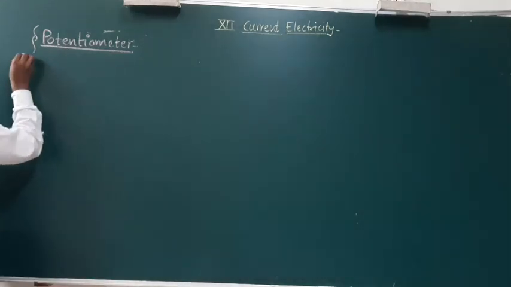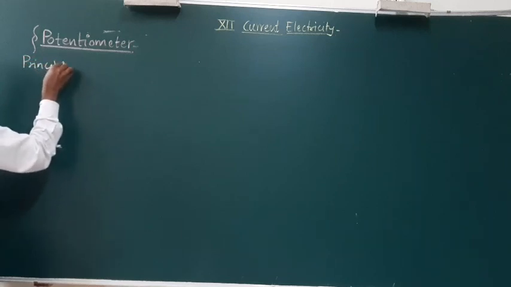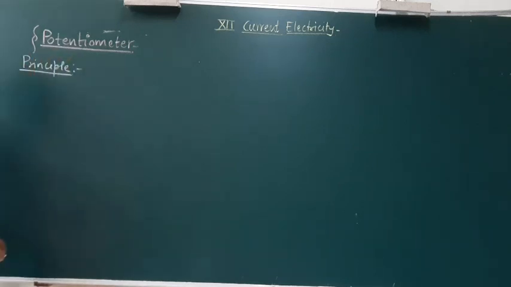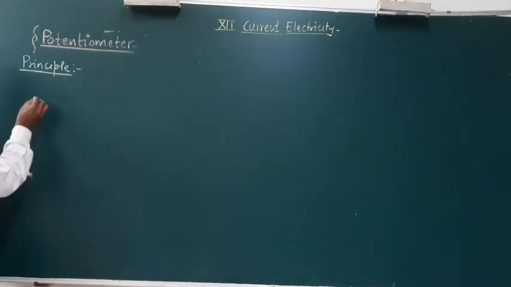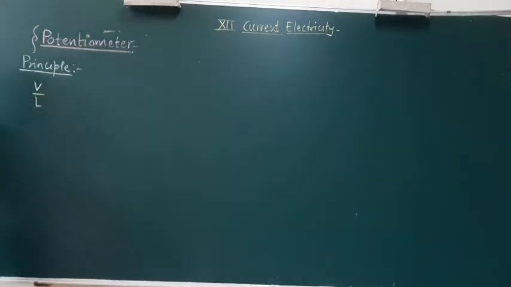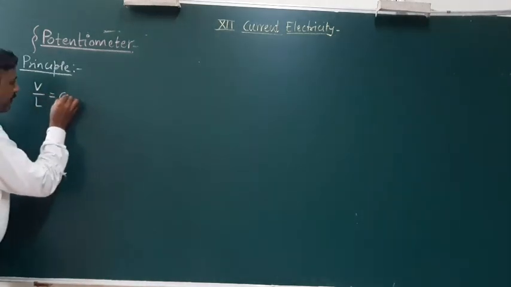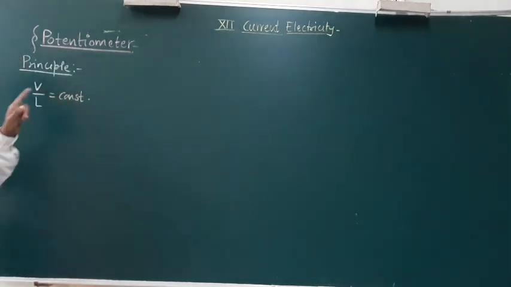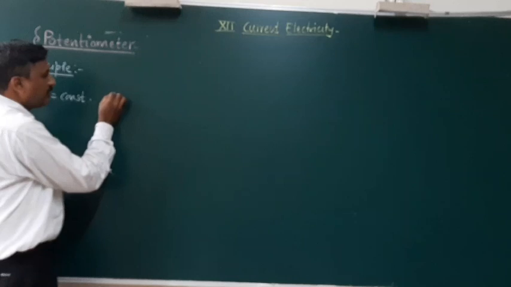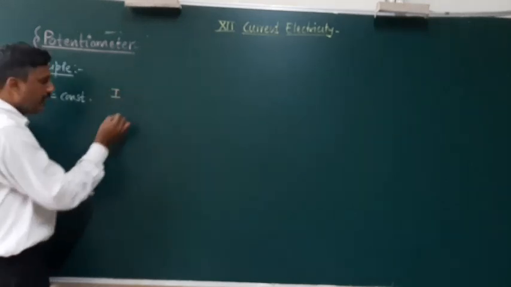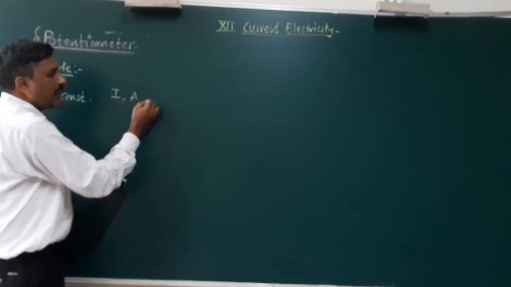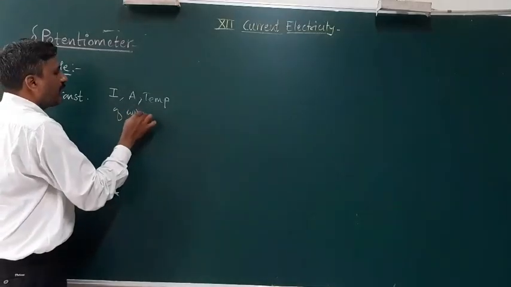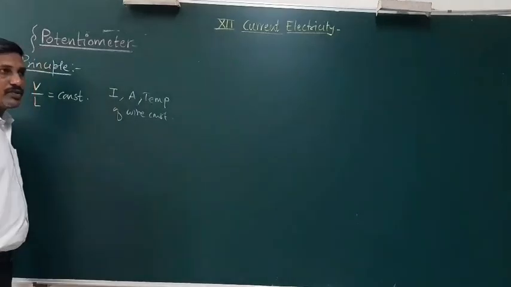Now first we see the principle of potentiometer. Principle of potentiometer is very simple. V by L, that is the potential difference per unit length, is always equal to a constant, provided that the current flowing through the wire, the cross section area of the wire, and the temperature of the wire, all the factors are the same or constant.